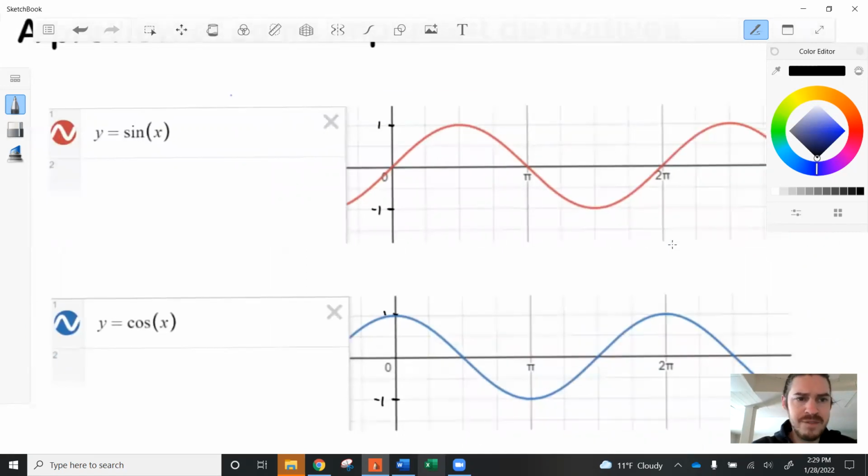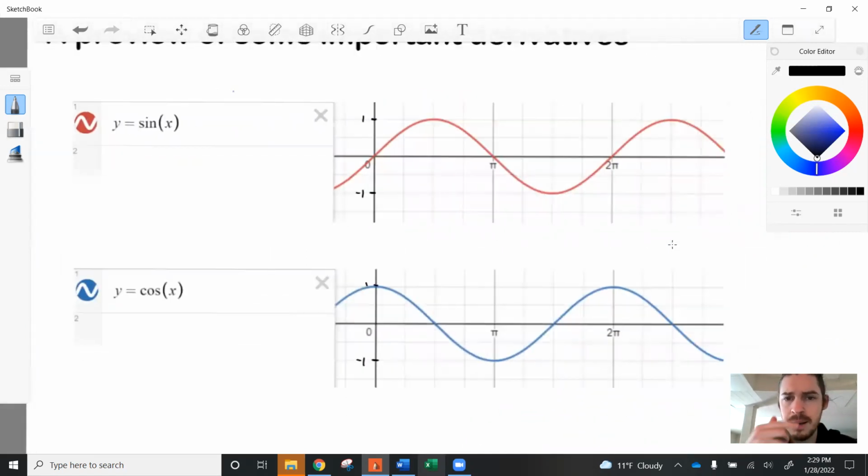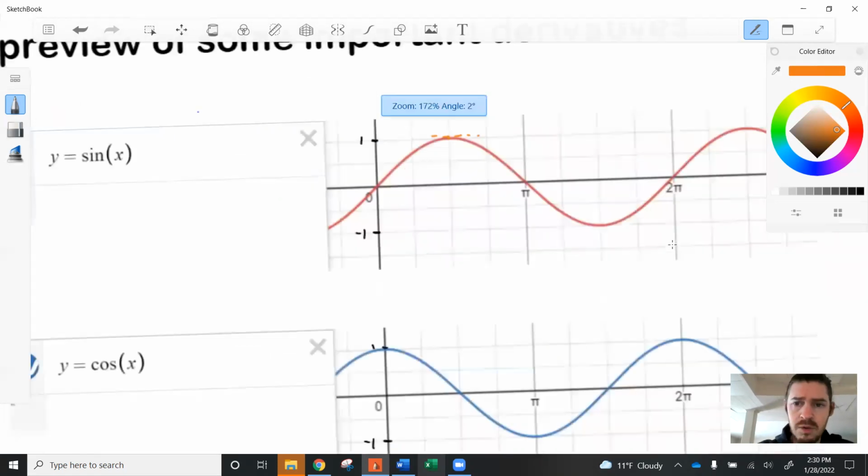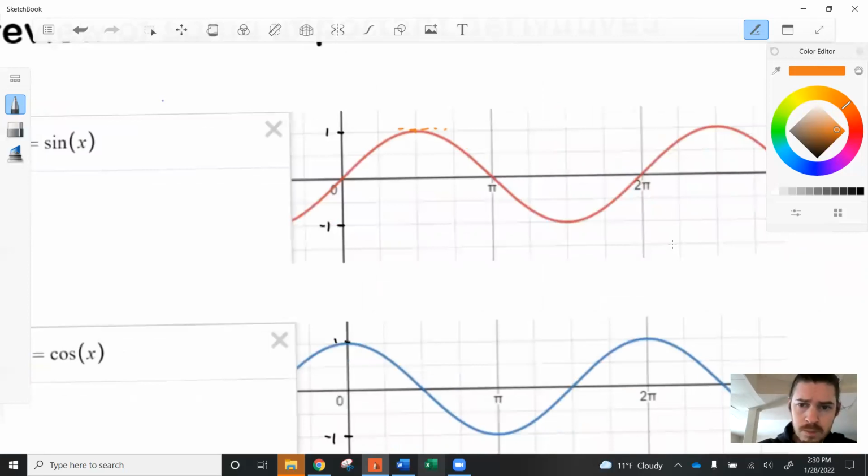Here's the graph of the sine function. Let's play the game that we played in a previous video where we're trying to graph the derivative of this function. And let's do a nice orange here. It's going to be some points like this where we're going to have horizontal tangent lines, right? This point, that sort of thing.